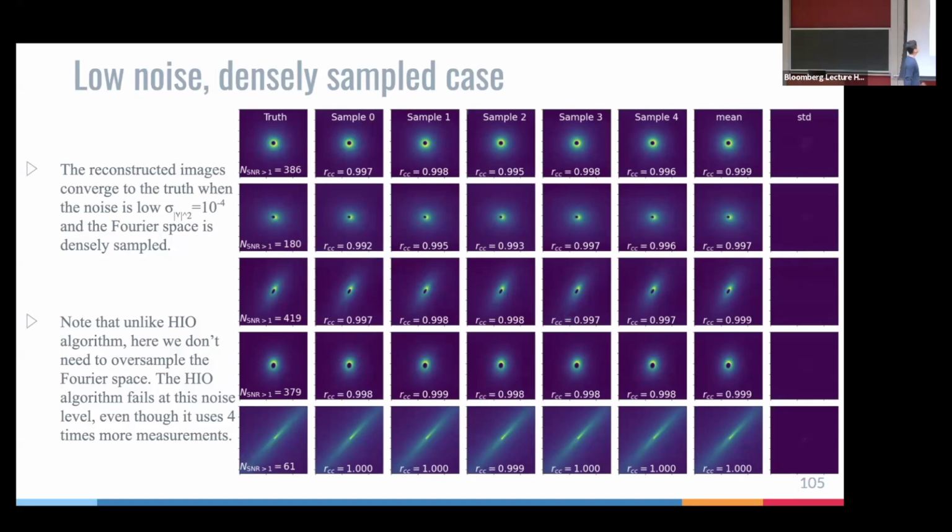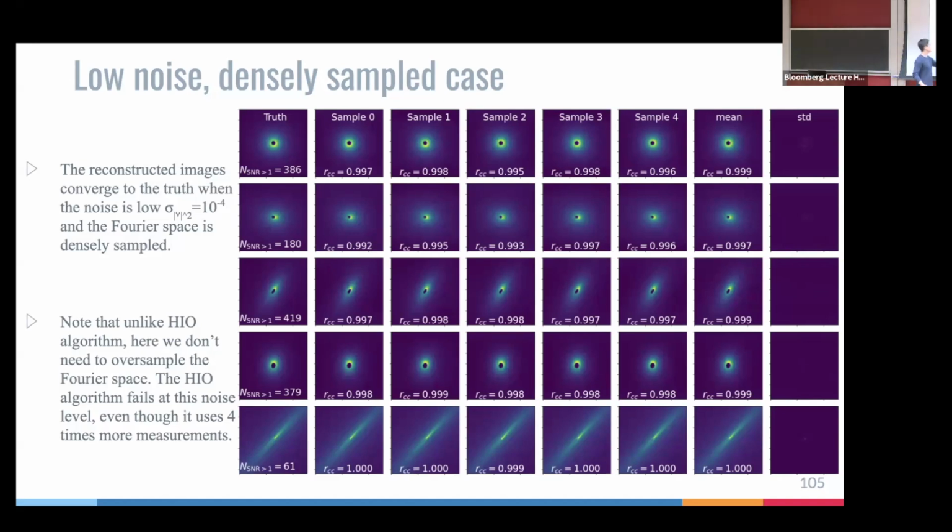So this is the analytical alpha disk. On the left, we show the truth, and then different samples. We also show the mean of our posterior and the standard deviation. You see that when you have very low noise and a densely sampled UV plane, you get very good reconstructions.